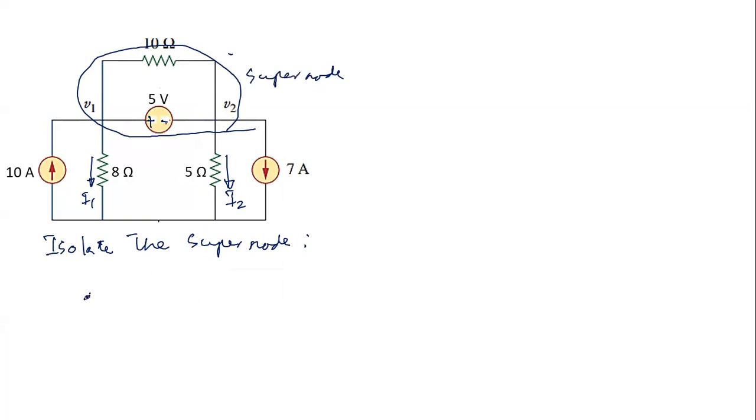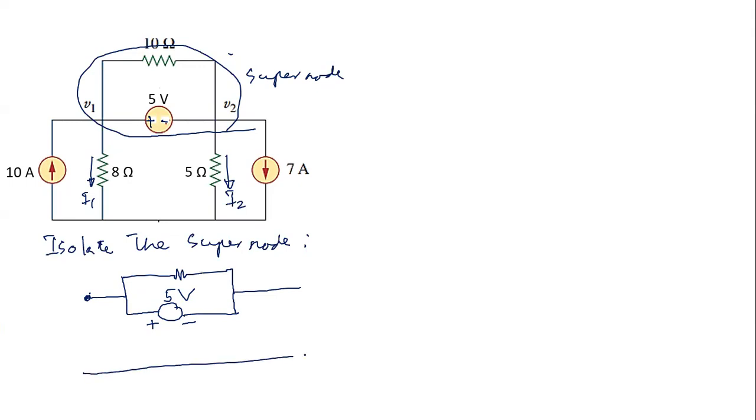Okay, so we have these 5 volts. And then we have here the resistor connected across it, so they have the same voltage. Okay, and then the reference. So if this is node 2 and node 1.